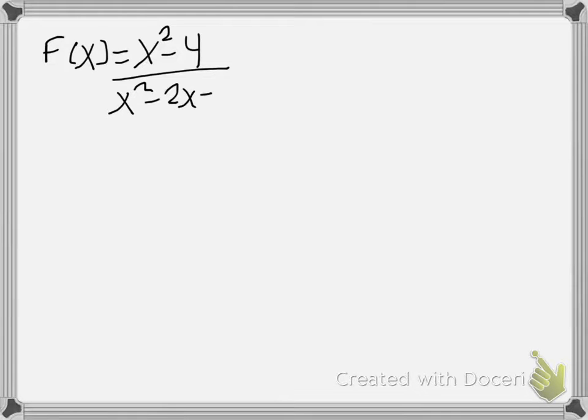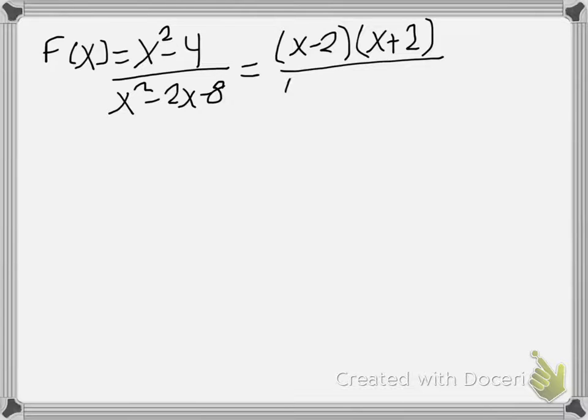So our first function is f of x is equal to x squared minus 4 over x squared minus 2x minus 8. So factor it. We have x minus 2, x plus 2, divided by x minus 4, and x plus 2.